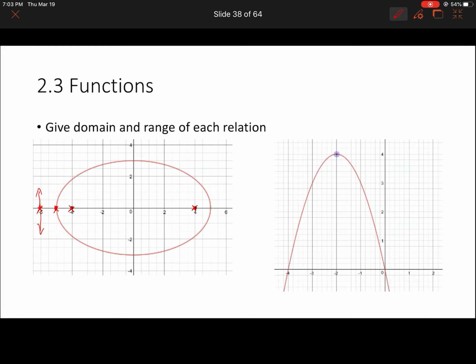But if we go to -5, this point is obviously on the graph, right? It's touching the graph. That order pair is (-5, 0). Well, can I go to -4? Sure, if I go to -4 and I were to go down to here, I find a point that is an order pair of -4, comma, something. And I don't know what the number is, and I don't really care.